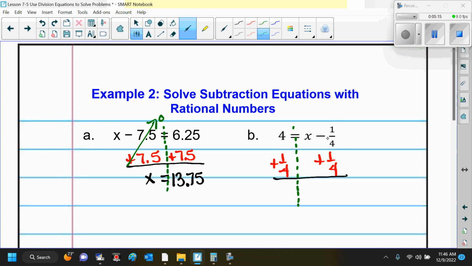This is a number plus its opposite, negative 1/4 plus 1/4. That's equal to 0. What's x minus 0? X. And then on the other side, do I need to get common denominators for this? No, because it's just a whole number adding a fraction, right? So this is 4 plus 1/4, which is 4 and 1/4.